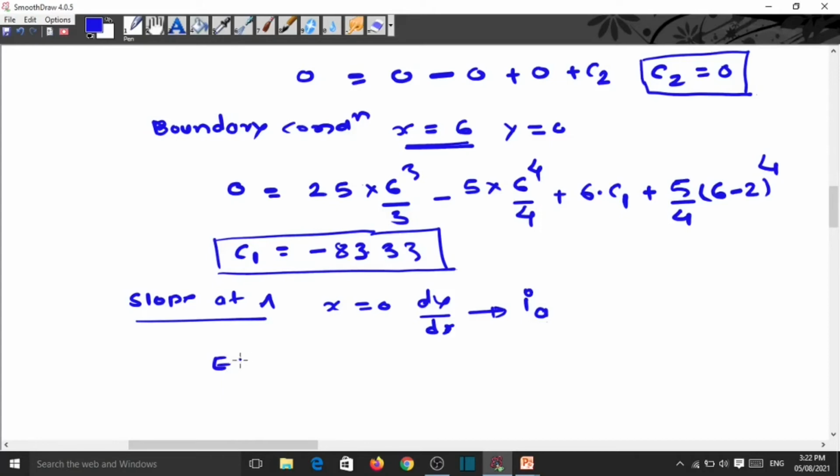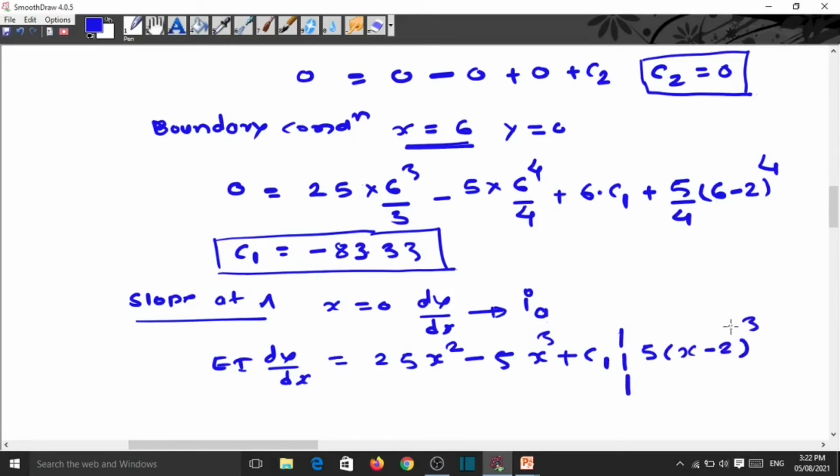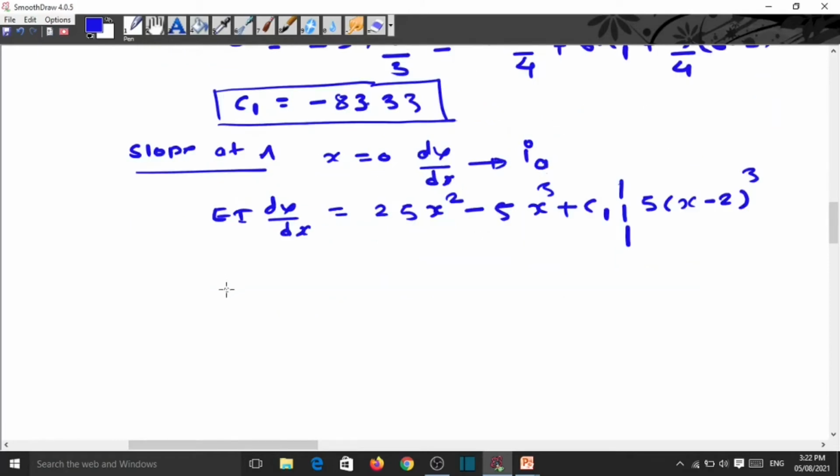EI dy by dx is equal to 25 x square minus 5 x cube plus c1, then the section bracket 5 x minus 2 raised to power 3. Here we have to put the value of c1 is equal to minus 83.33, then x is equal to 0 and c2 is equal to 0.